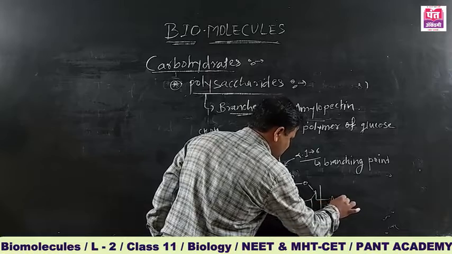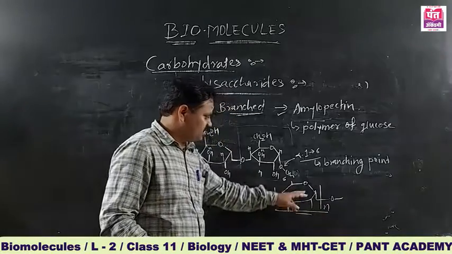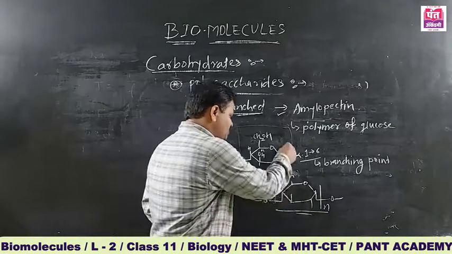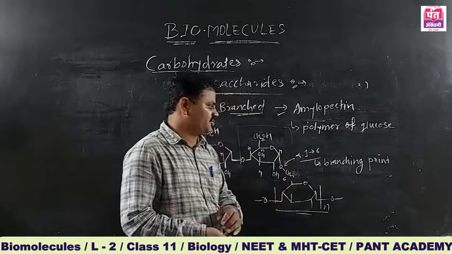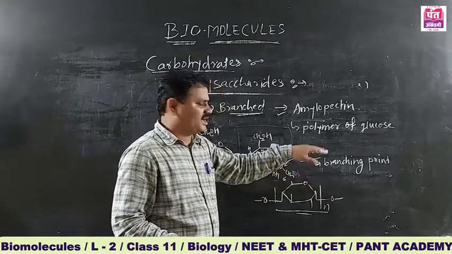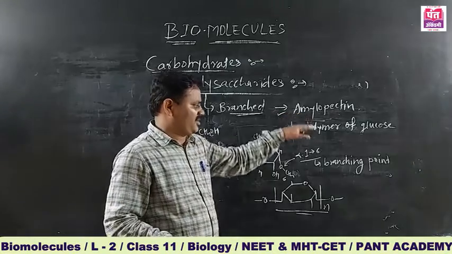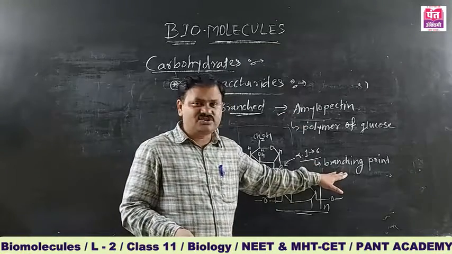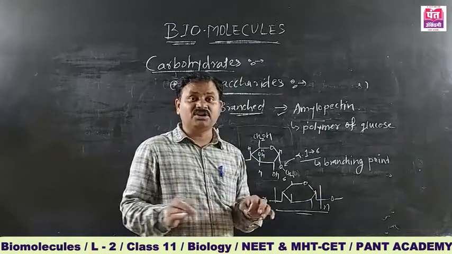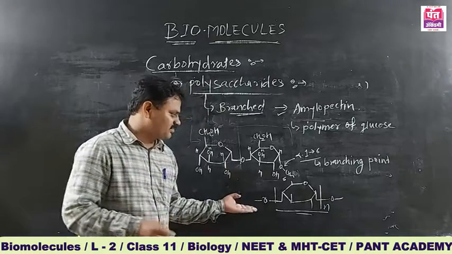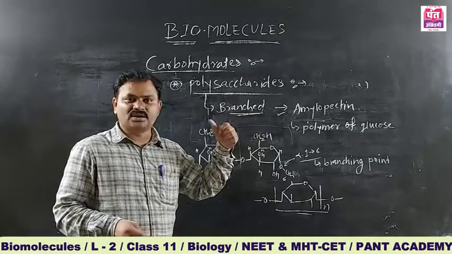The first carbon atom OH can link to the other, and therefore this branch point is nothing but the alpha-1,6 linkage. This branching can vary from type to type of polysaccharide, and this is amylopectin. Because of its branching point, amylopectin is insoluble in water. So we can think these polysaccharides can be branched or linear.